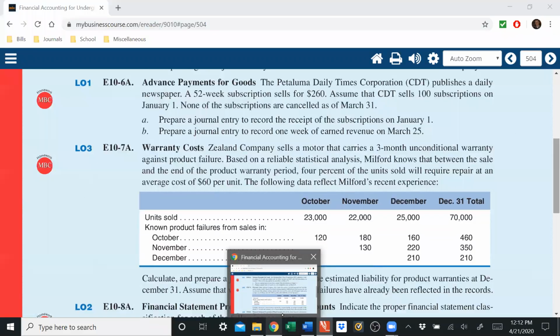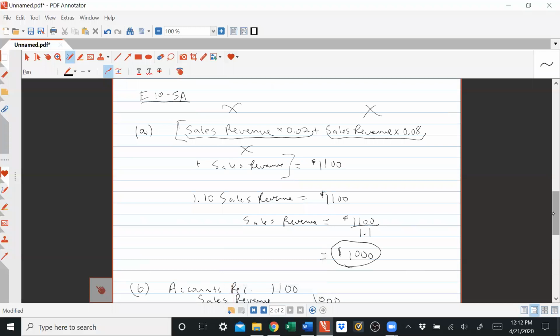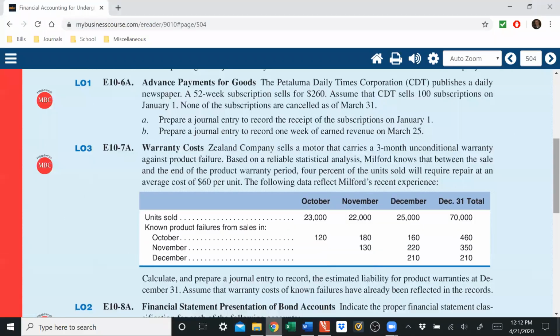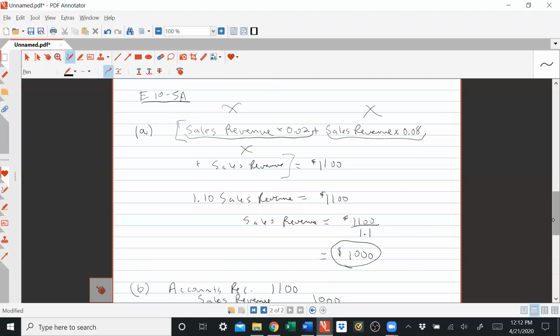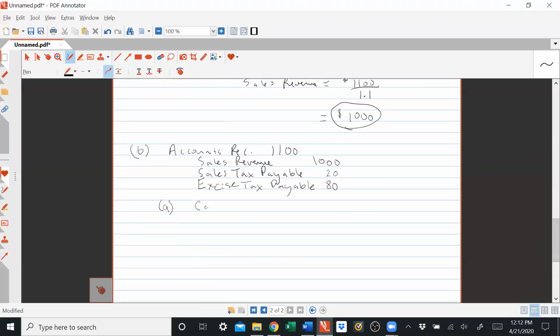So the newspaper corporation, on January 1st, they get $260 from each of their 100 customers. So 260 times 100, they would debit cash. 260 times 100 is $26,000.